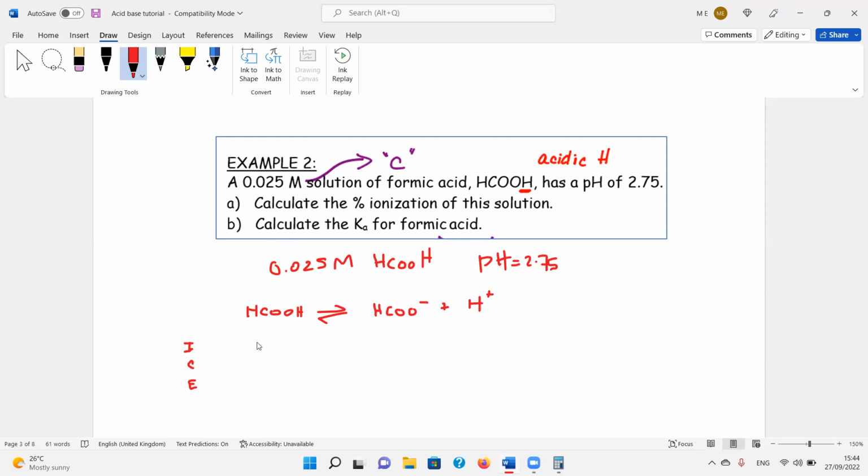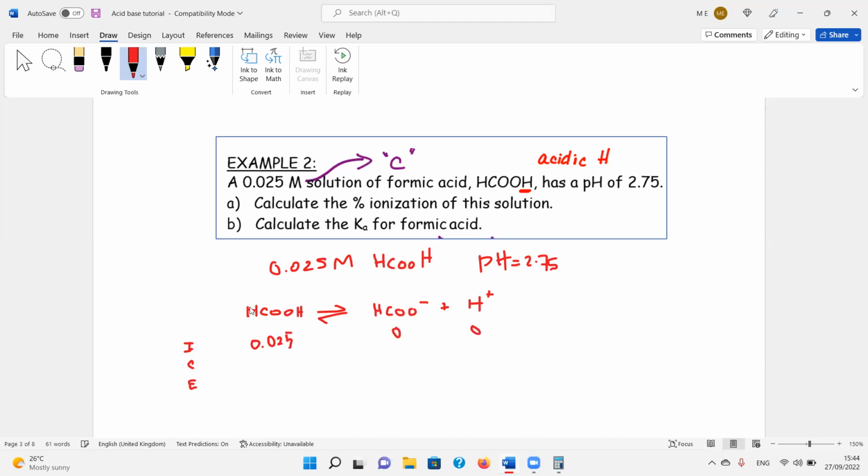Now, because this is a weak acid, not all this concentration will convert into HCOO minus and H plus. Initially, we had this concentration, and we had none of that, so it is 0 here and 0 here.